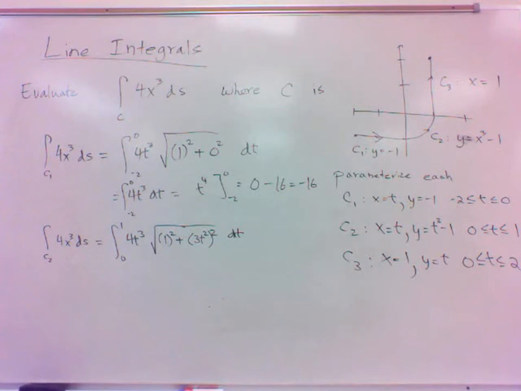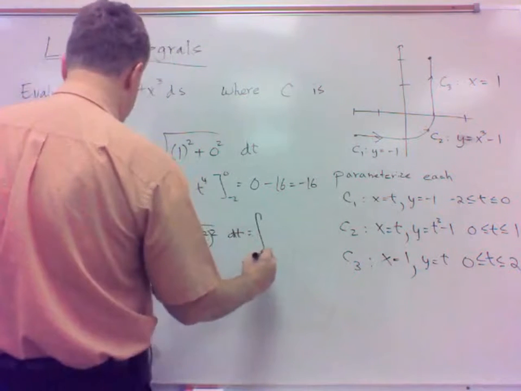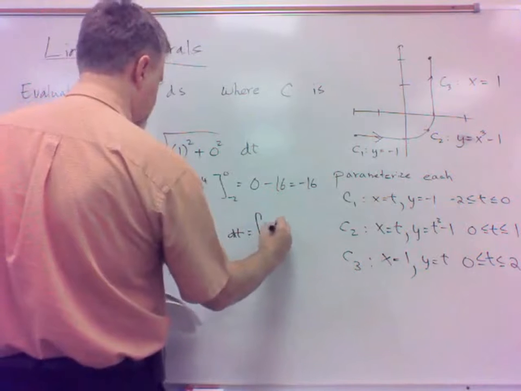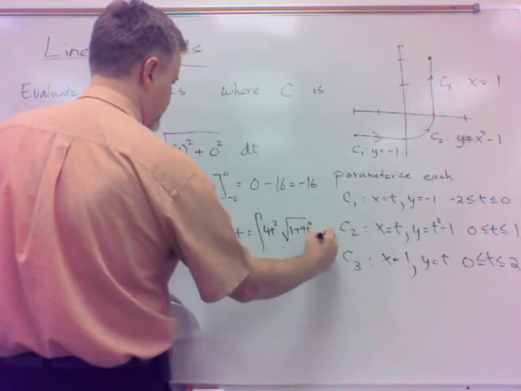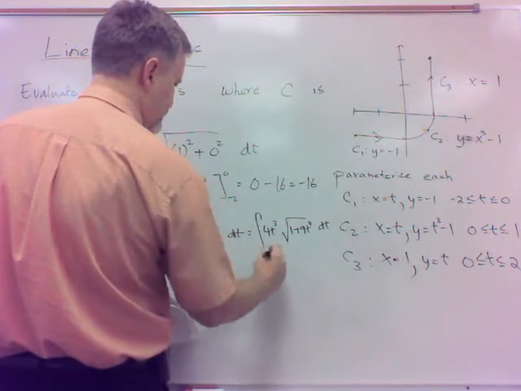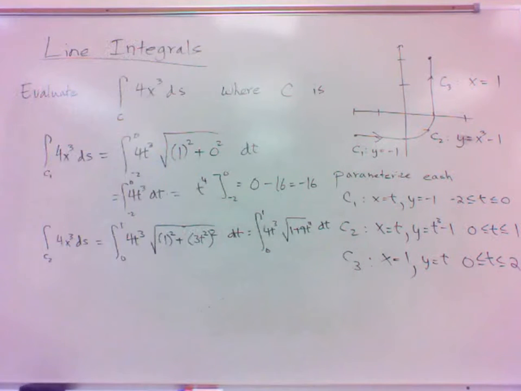So there, I think we've got 4t cubed square root of 1 plus 9t to the 4th. Yeah, this is a little harder one, isn't it? Not too bad. How are we going to do that one? Little u substitution? Yeah, little u substitution.